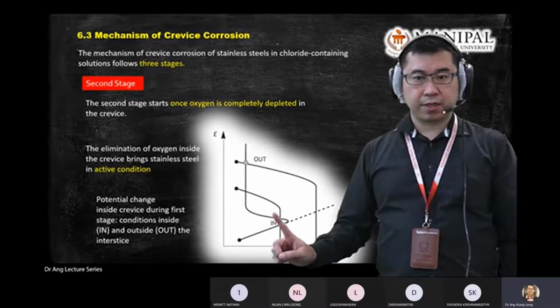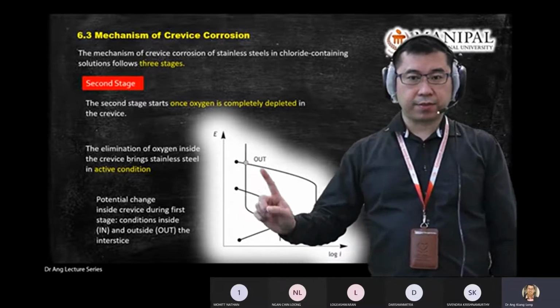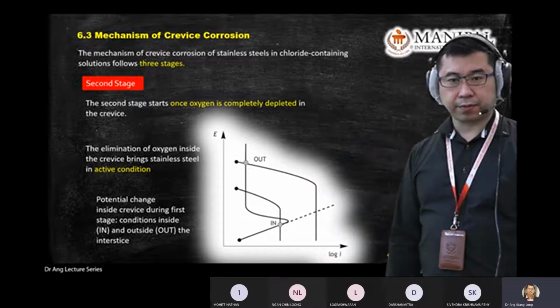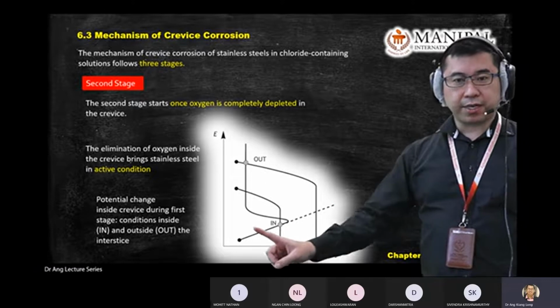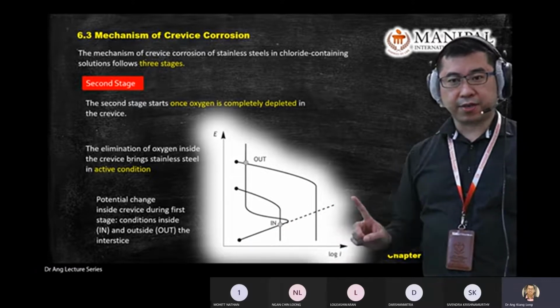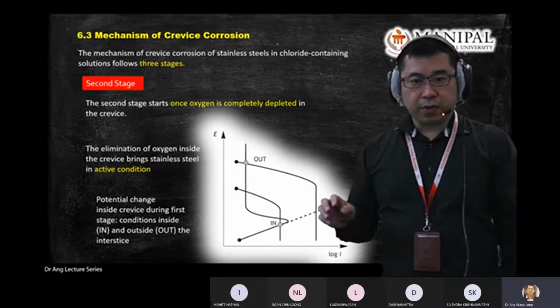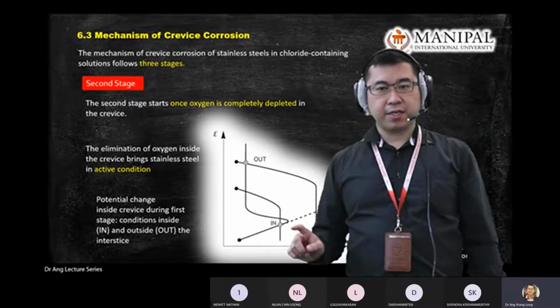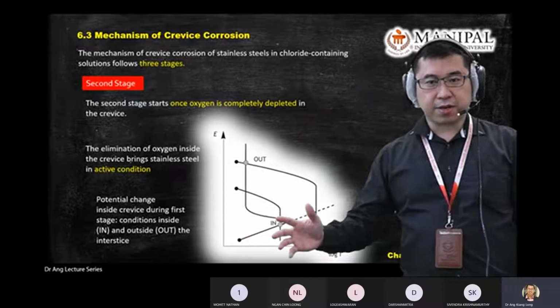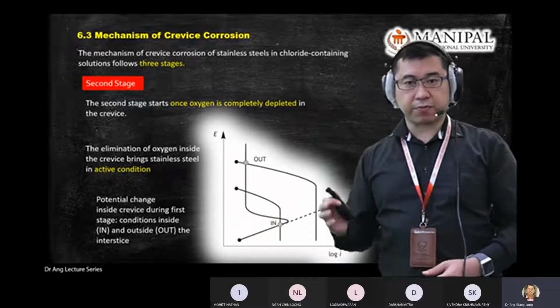This line you should understand why there is an increased gradient here. When we discussed the higher nobility and lower nobility, you've seen this graph before in chapter 5.